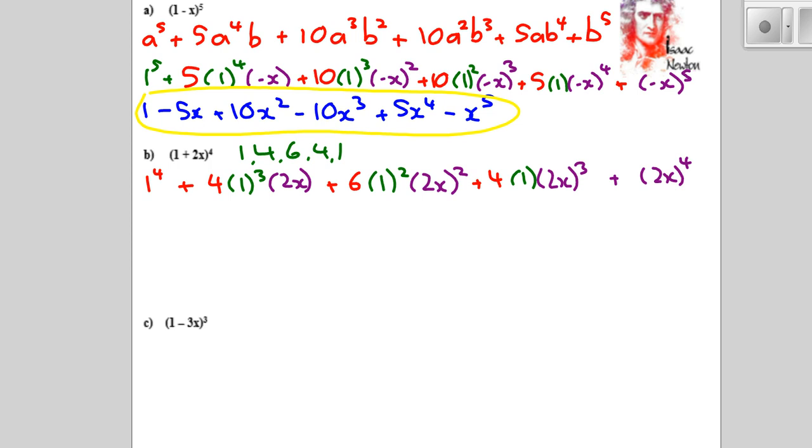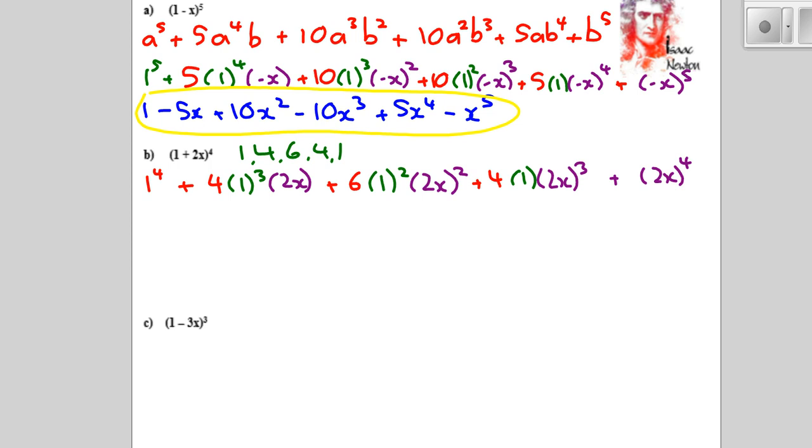Another way you could check it is overall the exponents should add up to 4. Like 3 plus 1 adds up to 4, 2 plus 2 adds up to 4, 1 plus 3 adds up to 4, that adds up to 4. Rewrite that one later. You probably know that one.